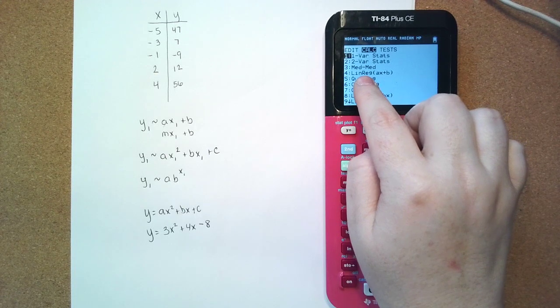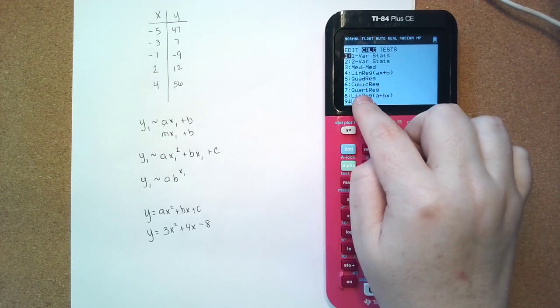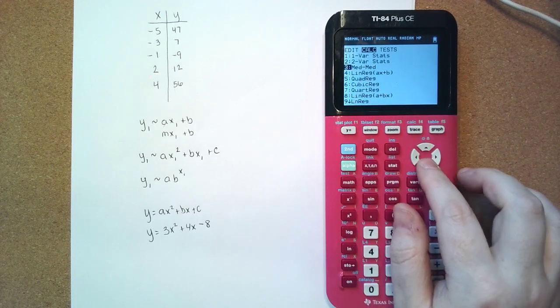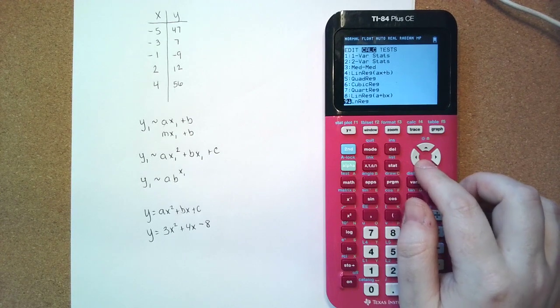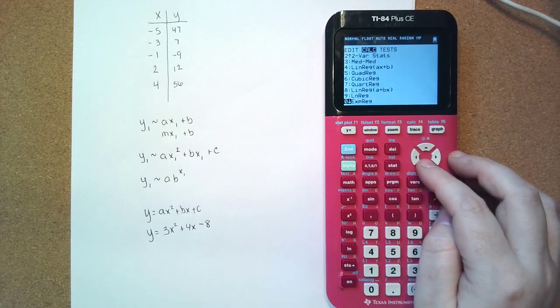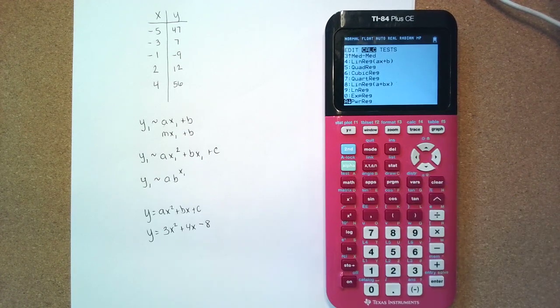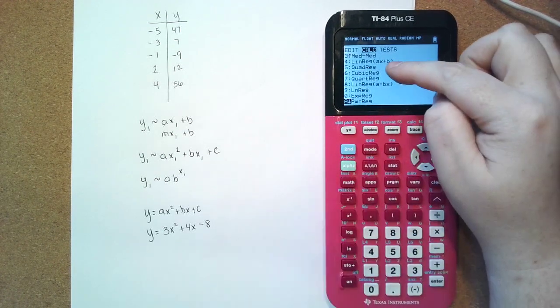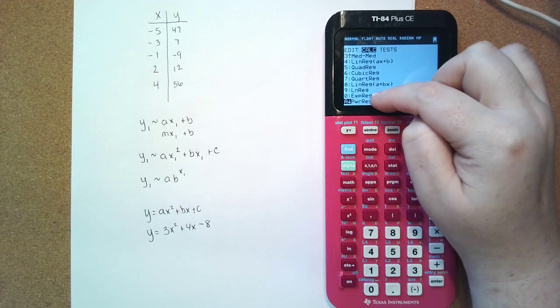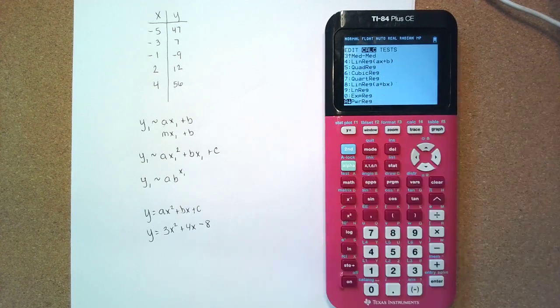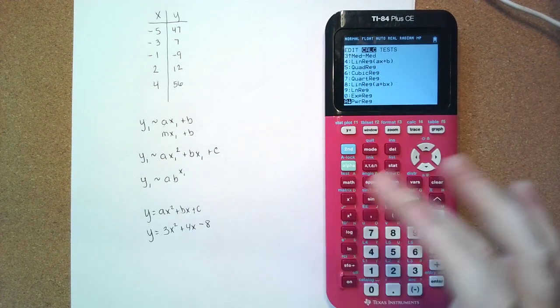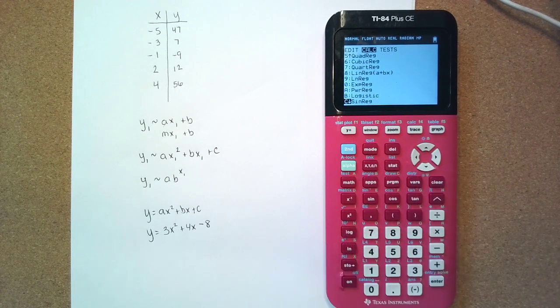We have linear equation, quadratic, cubic, quartic, another linear regression. We have natural log regression, and exponential regression, power regression. Those are the most common ones we're going to use. So linear, quadratic, cubic, exponential, power, we will use those more often than any other ones. So that is how you do regression on the calculator versus Desmos.